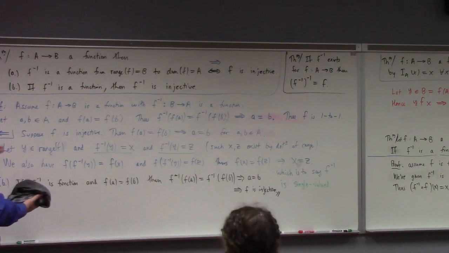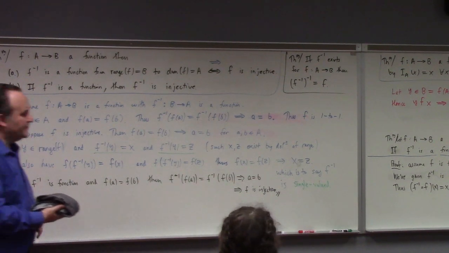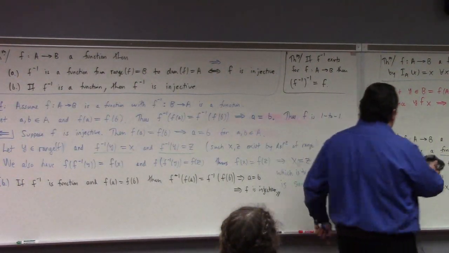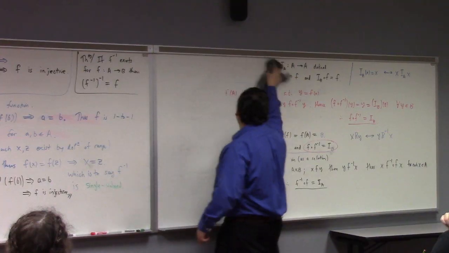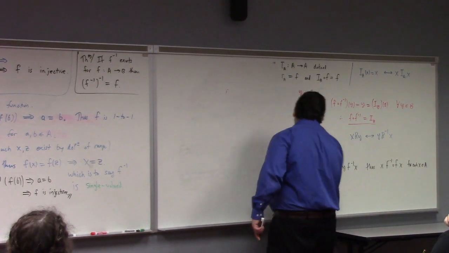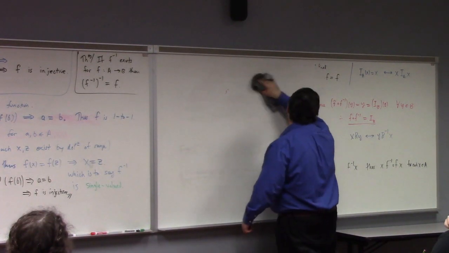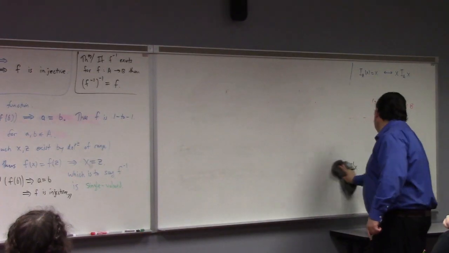So, a corollary to this theorem, I'm going to erase this if you guys don't mind. Actually, I'll work over here. A corollary to this theorem is that if we take two bijections and we compose them, guess what? We get another bijection.